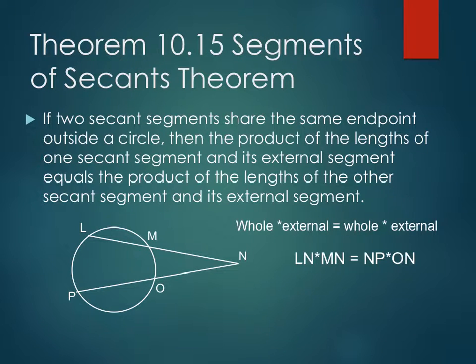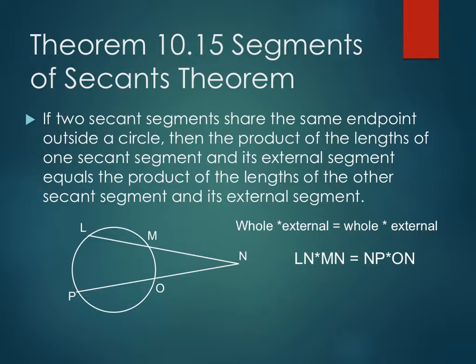All right, Theorem 10.15 is the segments of a secant theorem, which says if two secant segments share the same endpoint outside a circle, then the product of the length of one secant segment and its external segment equals the product of the length of the other secant segment and its external segment.